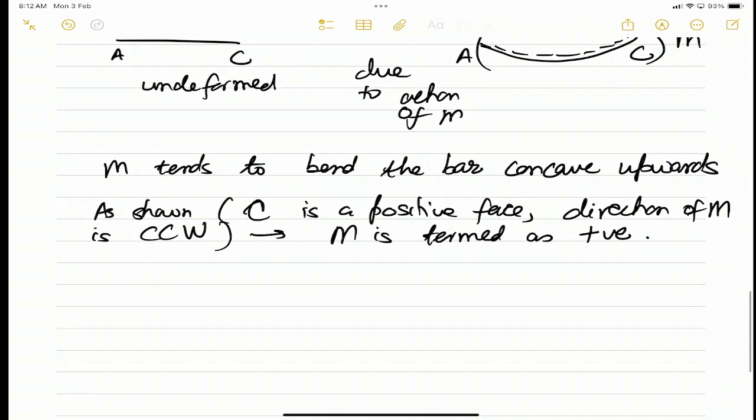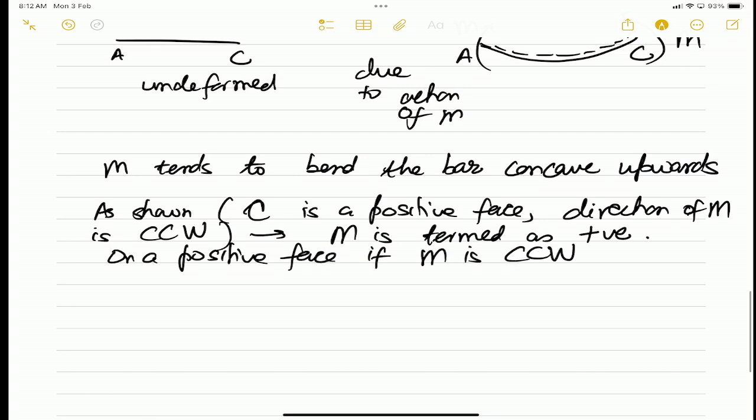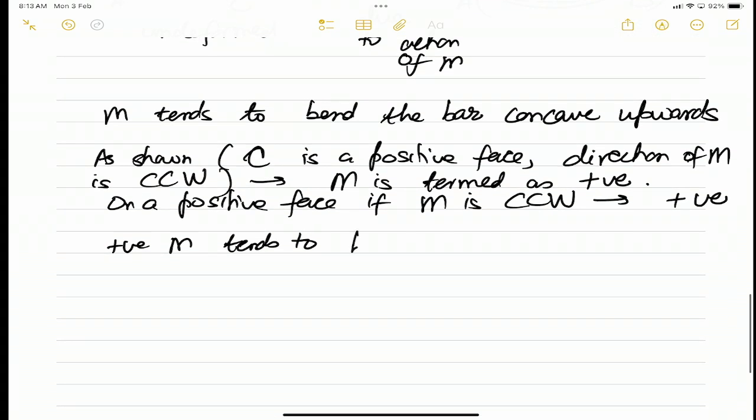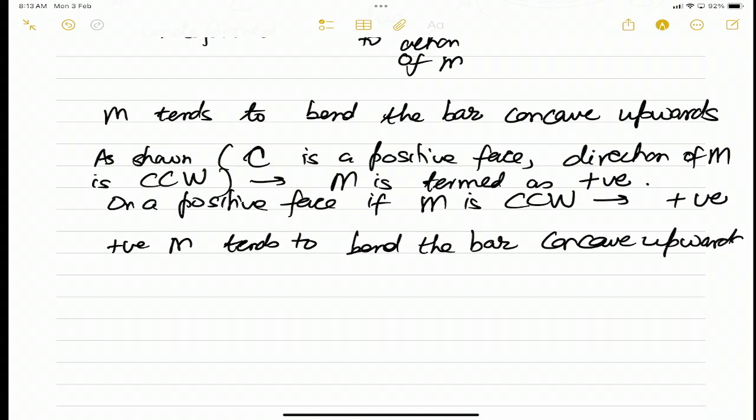So, on a positive face, if M is counterclockwise, then we call it as positive. And a positive M tends to bend the bar concave up.